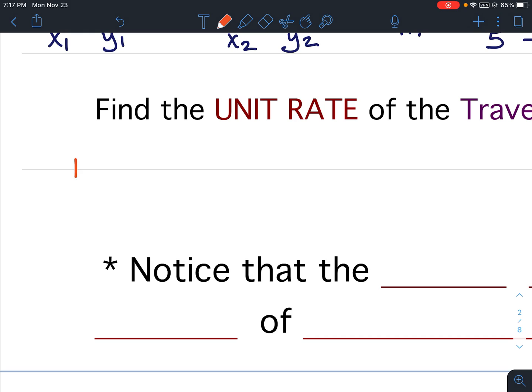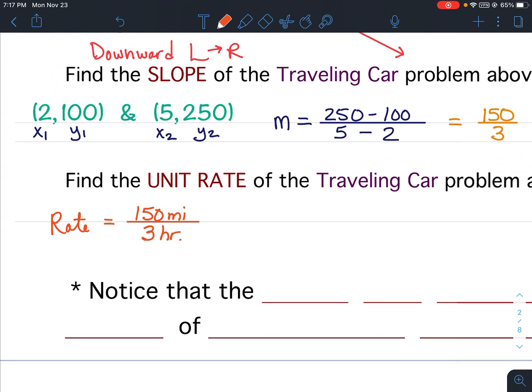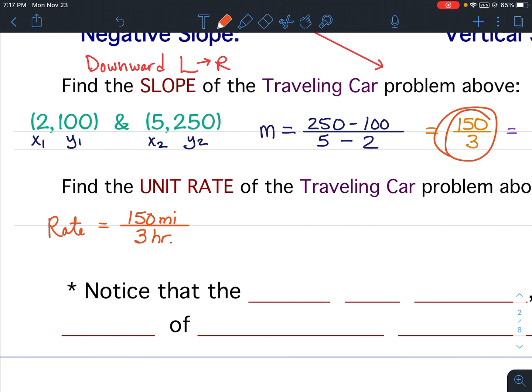For the rate, I'm going to put 150 miles over 3 hours. Where did we see that before? Right up here. Remember, to go from a rate to a unit rate, we divide.